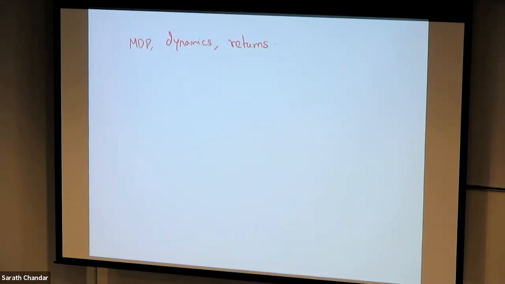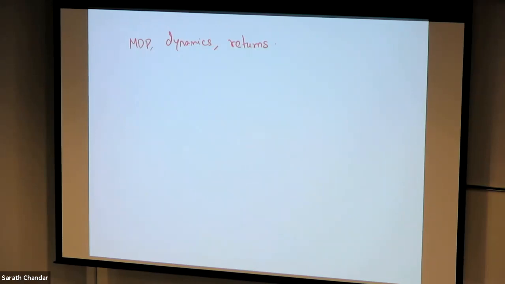If you remember from our bandit discussion, most of our learning is about estimating the value of the action. So just like how we had values of actions in bandits, we are going to have values of states and actions in reinforcement learning.